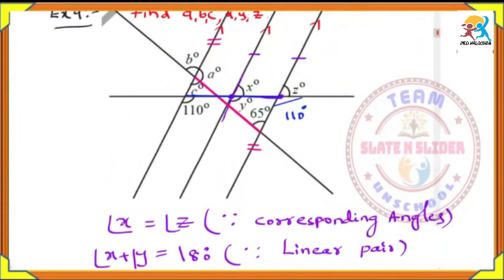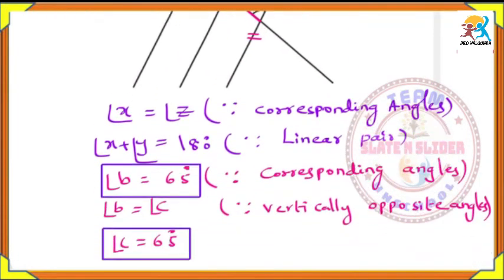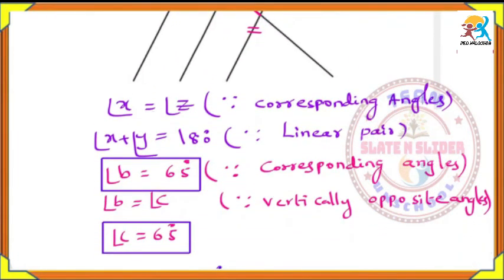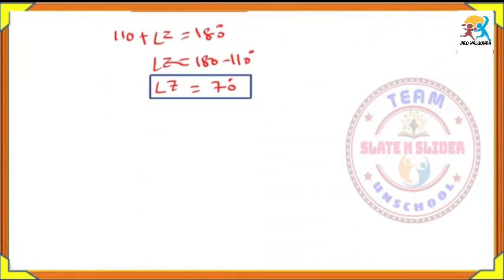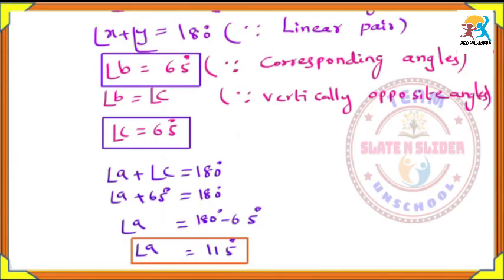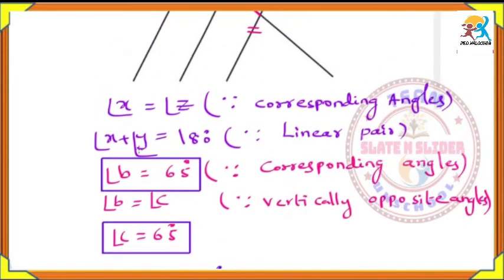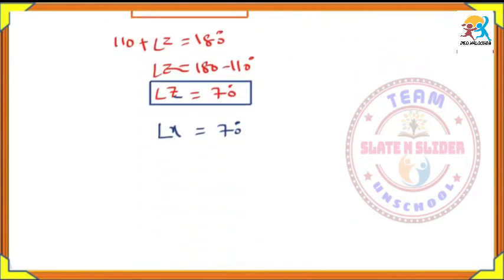We got angle z. If we know angle z, then definitely we can write angle x. So angle x is equal to the same 70, and we can write angle y also here. So angle x plus angle y is equal to 180. Then substitute angle x.